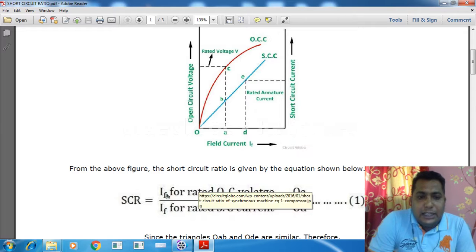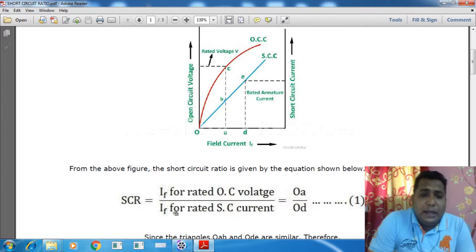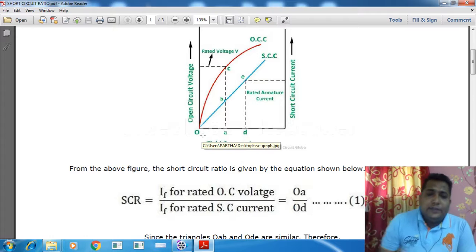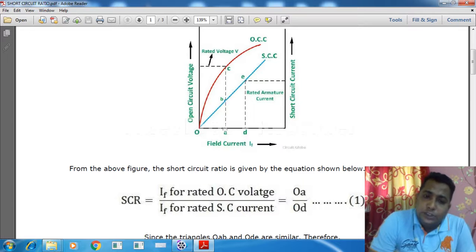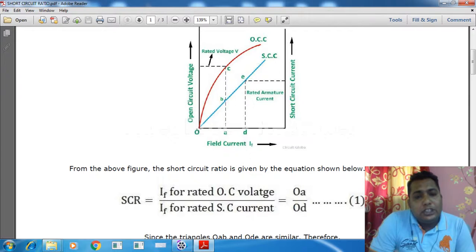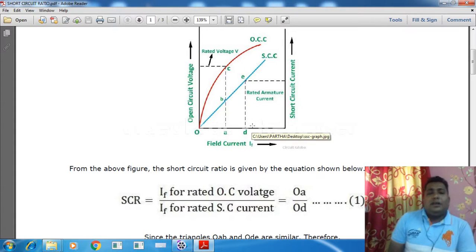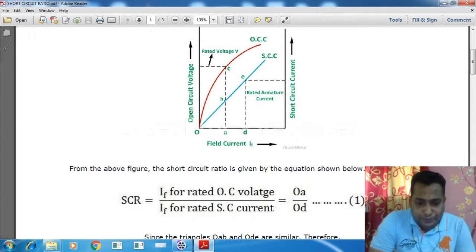So we can say that IF for rated OC voltage by IF for rated SC current is given by OA by OD, correct? So the rated field current for the open circuit test is OA, and the rated field current for the short circuit test is OD. That is the ratio defining the SCR, the short circuit ratio.